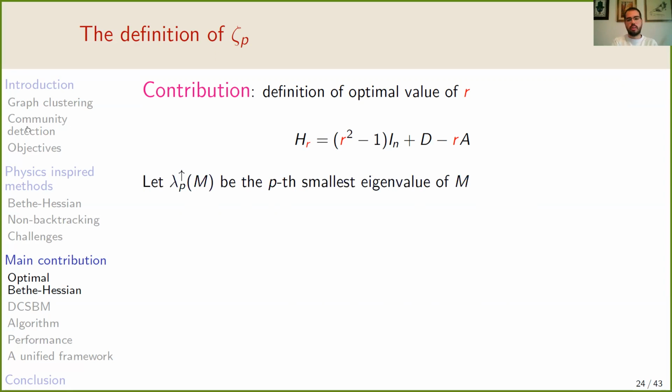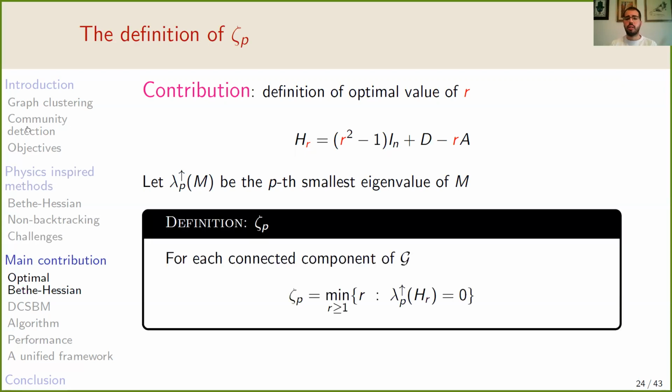So with this notation, lambda_p of M, we denote the pth smallest eigenvalue of a matrix. And we define zeta_p, if it exists, as the smallest value of r greater or equal to 1 so that the pth smallest eigenvalue of the Bethe Hessian H_r is equal to 0.